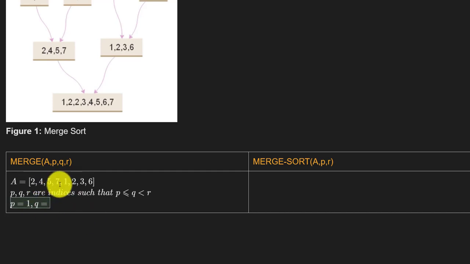If I divide this array into two subarrays, 2 4 5 7 and 1 2 3 6, then Q will be 4, up to the 7 over here, and R is the last element's index. We have a total of 8 elements, so R will be 8.